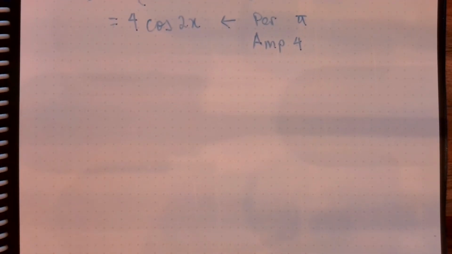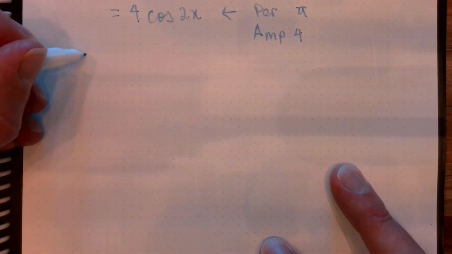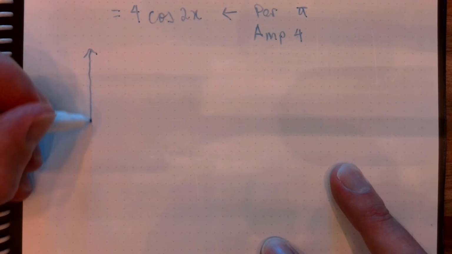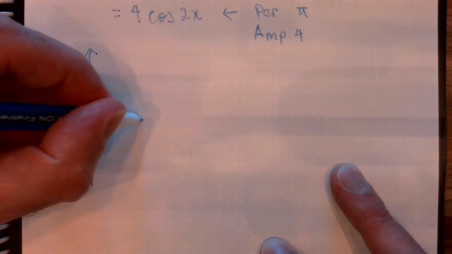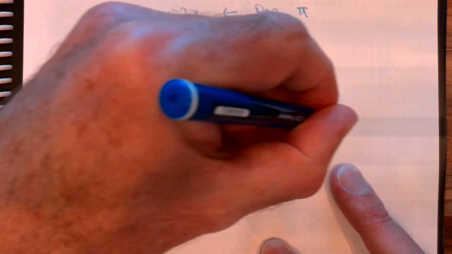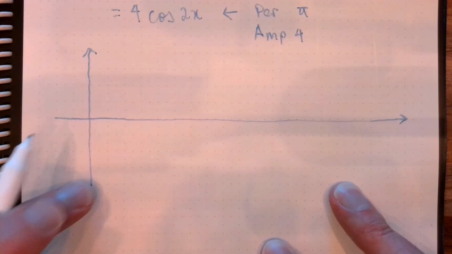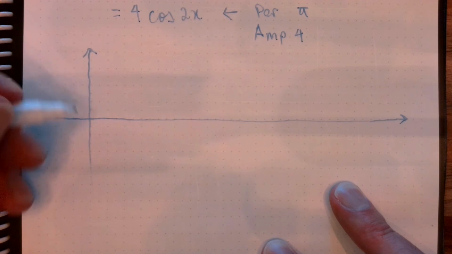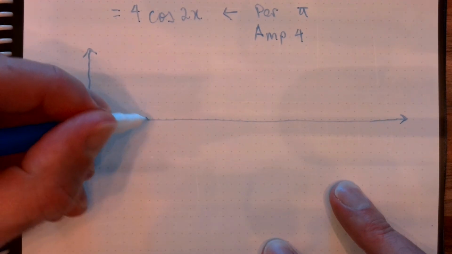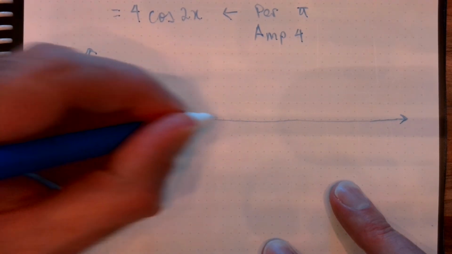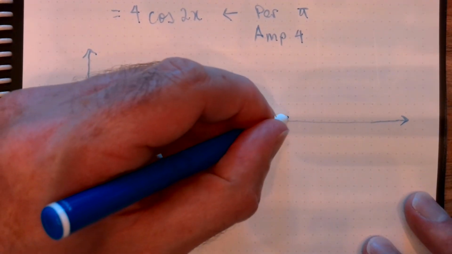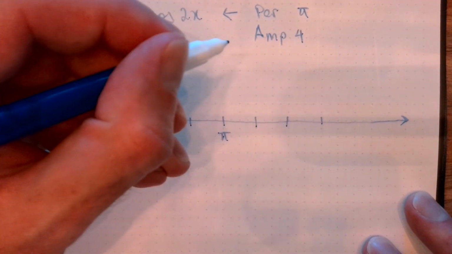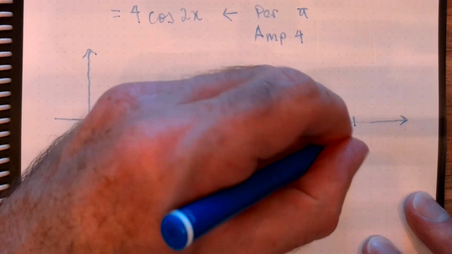All right, so let's go ahead and get to graphing. One, 2, 3, 4. Okay, that's going to be one complete cycle. 1, 2, 3, 4.